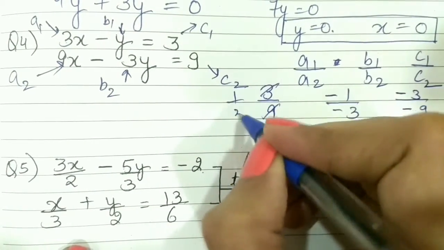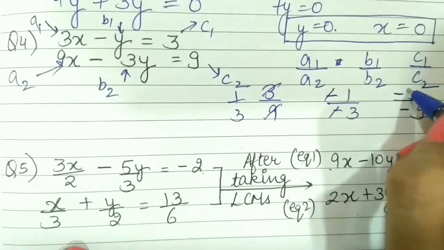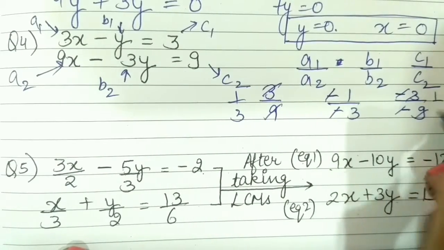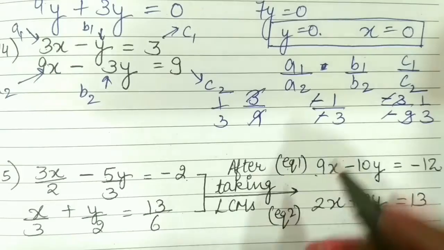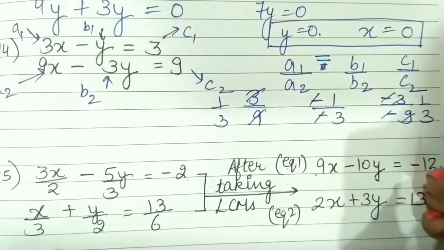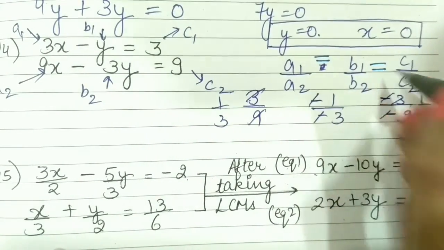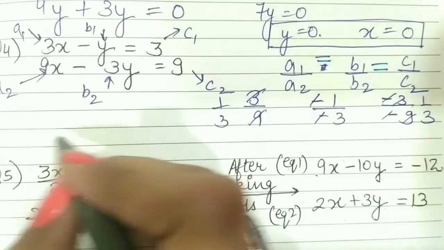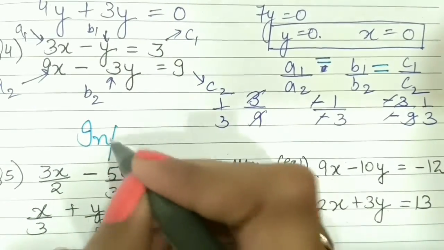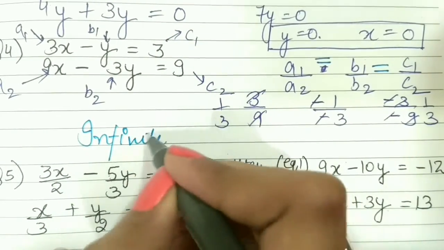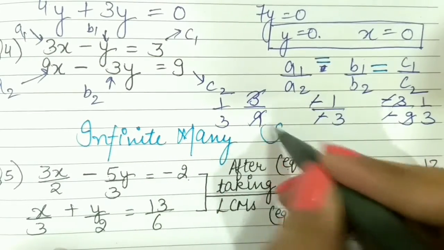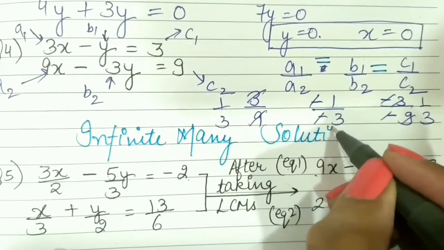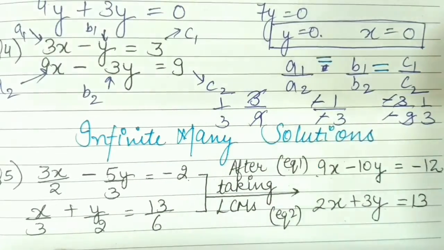This is 1 by 3, 1 by 3, again 1 by 3. So we observed here that a1 upon a2 equals b1 upon b2 equals c1 upon c2, and this is the case of infinitely many solutions. So there can be multiple solutions of these.